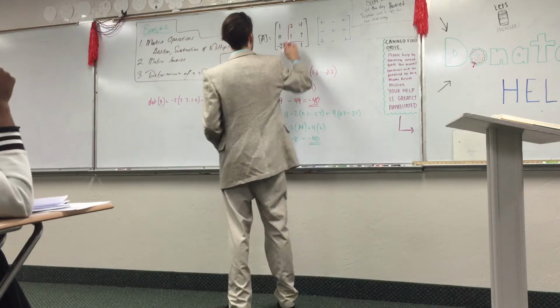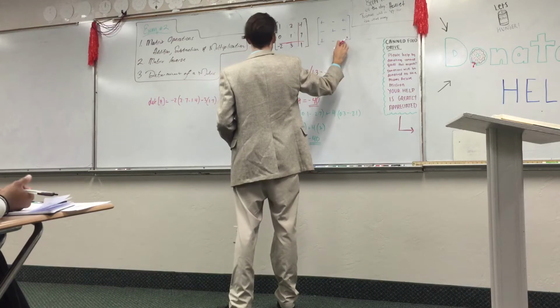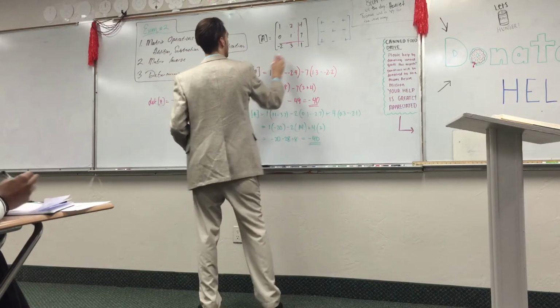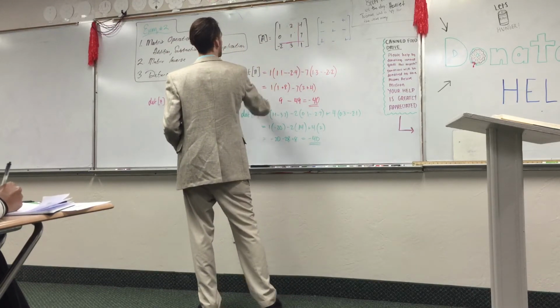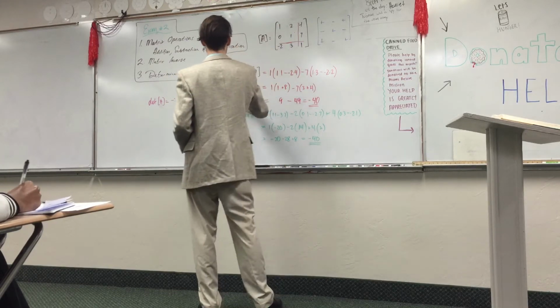Got it? Okay. Then the last one is positive. Positive 1. 1 times 1 minus 0 times 2, that's just 0.